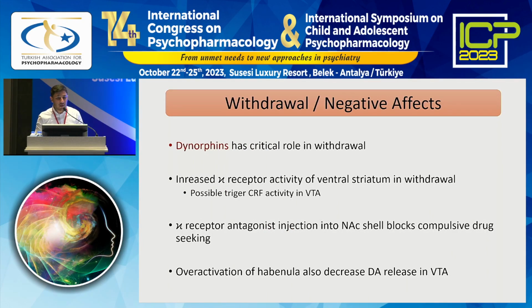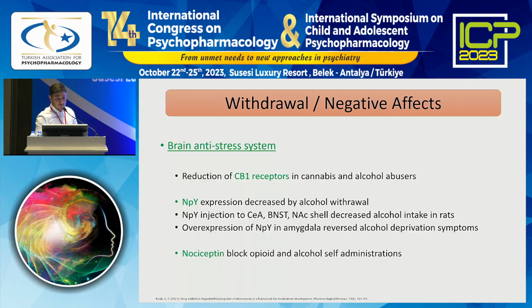Another important mechanism is the endorphins. By the way, kappa receptor activity of the ventral striatum is increased in withdrawal as a part of the neuroadaptive change. This may be a possible trigger of the CRF activity in the VTA.